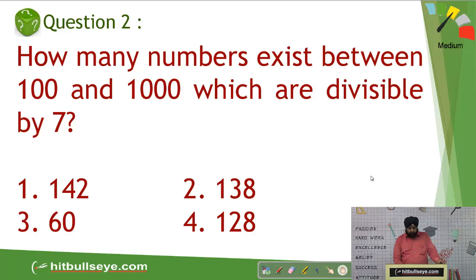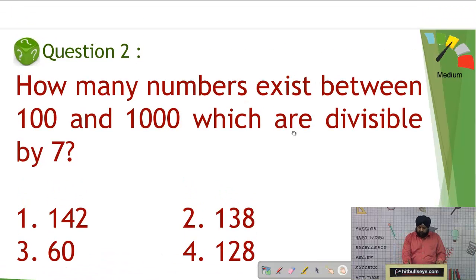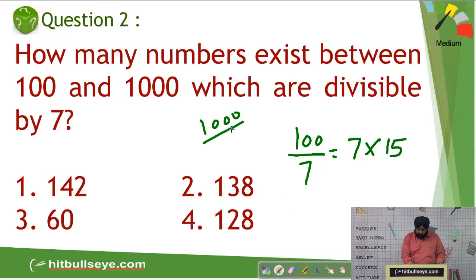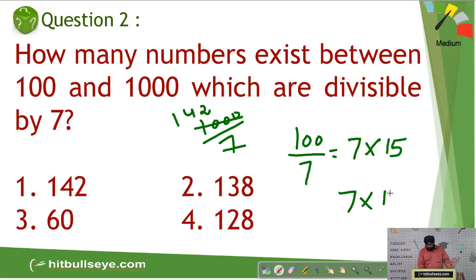Question number 2. How many numbers exist between 100 and 1000 which are divisible by 7? Again, a very basic question on numbers. 100 divided by 7: the first multiple of 7 in the range is 7 into 15, since 7 into 14 is 98. And the last multiple, you can check, 1000 divided by 7 is 142, so 7 into 142.